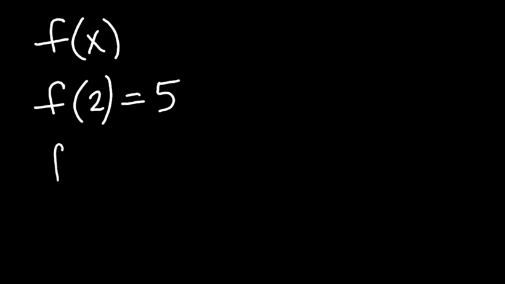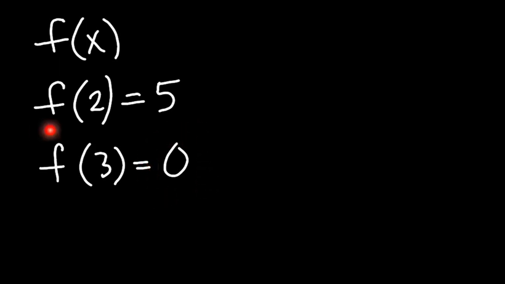So f of 3 equals 0. Let me show you what that means. What that means is when I put 2 in for an x value, my y becomes 5. When I put 3 in for an x value, y is 0.